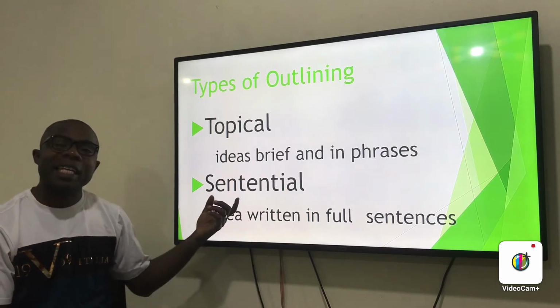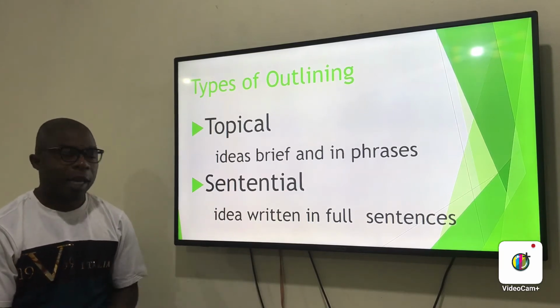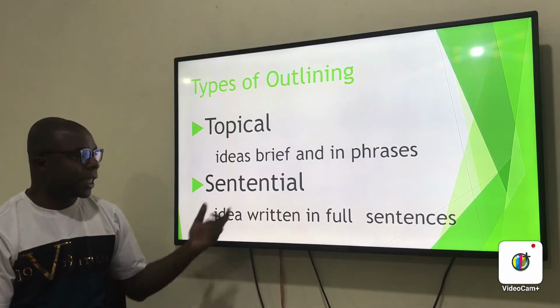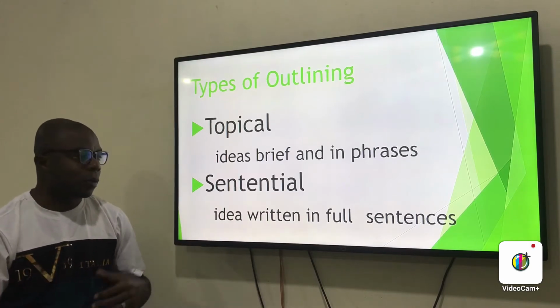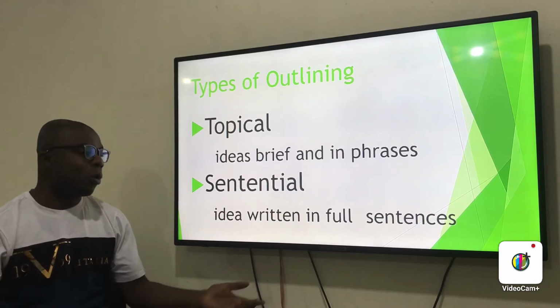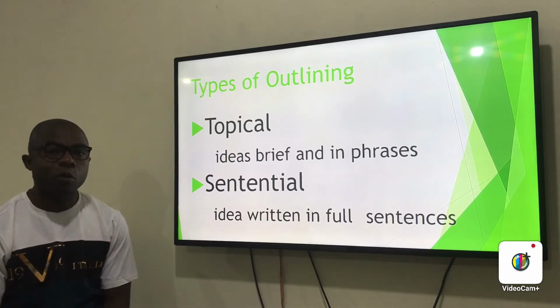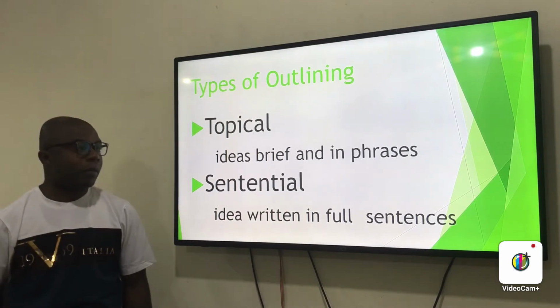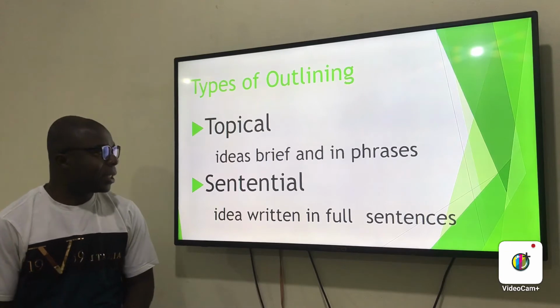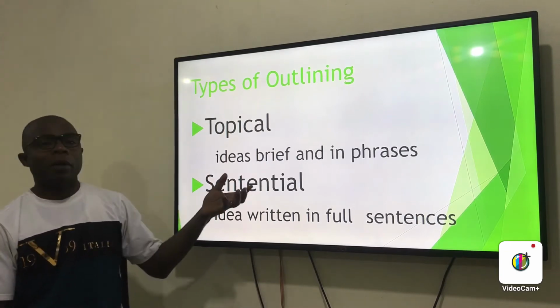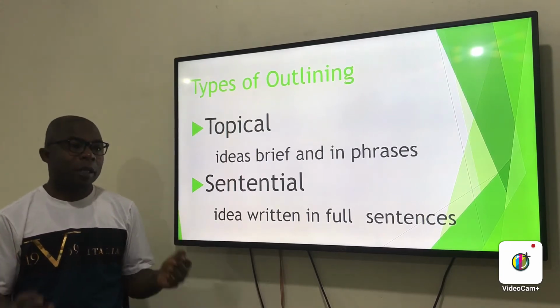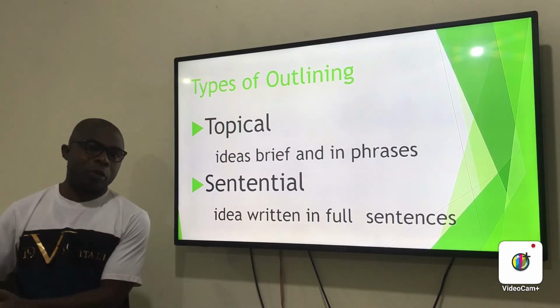Then we have the sentential outline, and as its name denotes, the sentential outline is put out in full-blown sentences. What it means is that anything that you see topical could be a matter of choice, and someone else could go sentential.